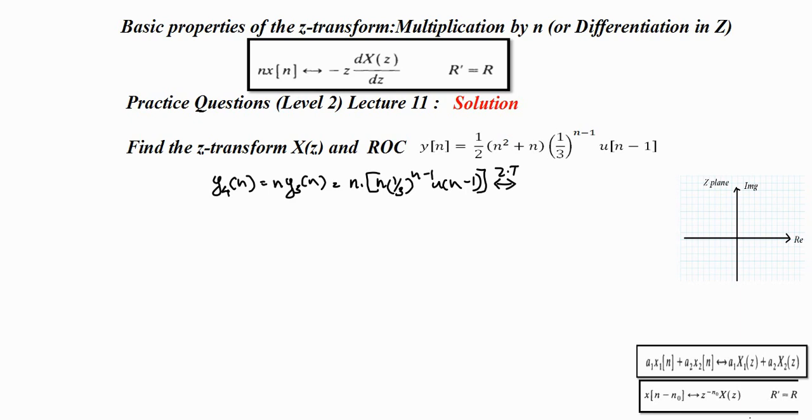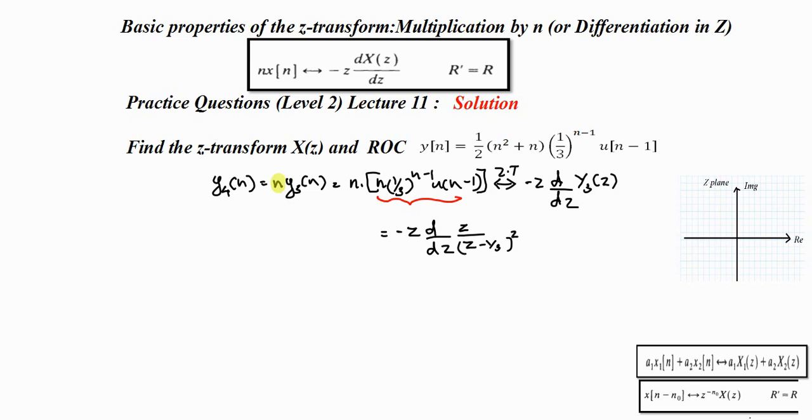Now again we need to apply the differentiation property, because again it is n into, so I can write minus z d by dz, and this much portion is y3, so we need to apply the transform of that part, that is y3 of z. If you find the transform, minus z d by dz, in the previous case it's simply z by z minus 1 by 3 the whole square.